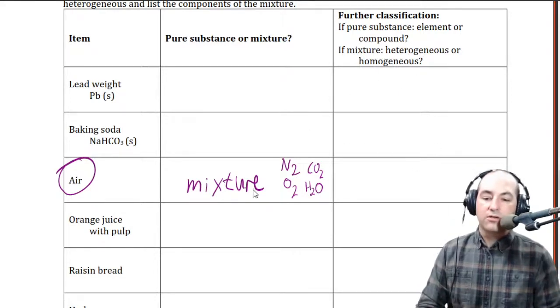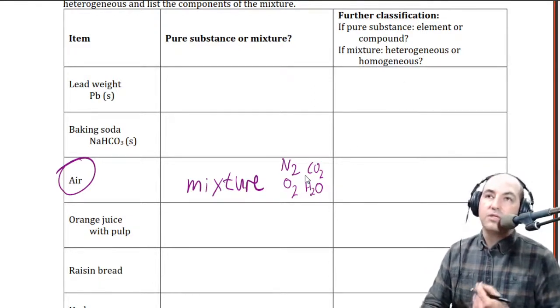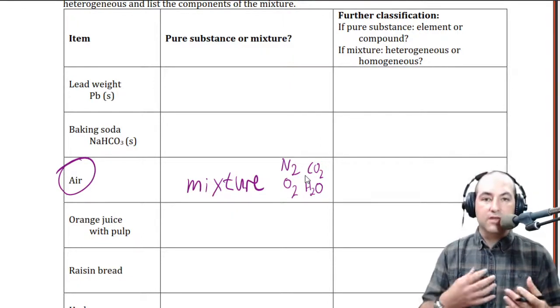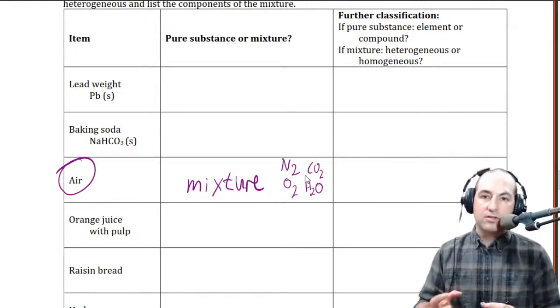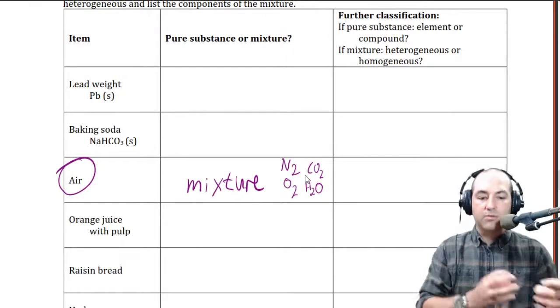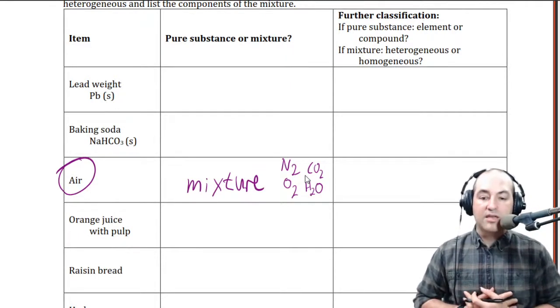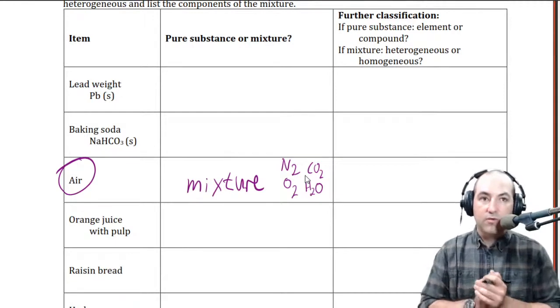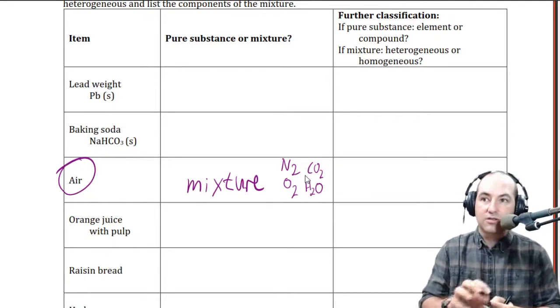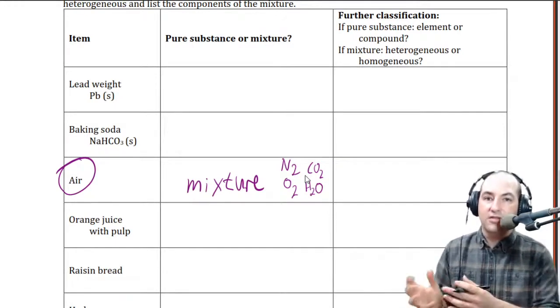So now, if we want to determine whether that mixture is heterogeneous or homogeneous, that's a little bit more subjective, but would we say that the air is fairly evenly mixed, or would we say that those components kind of occupy their own separate places within a sample of air? And I would say those are pretty evenly mixed. We don't walk into a room and the oxygen is on one side and the nitrogen is on the other side.